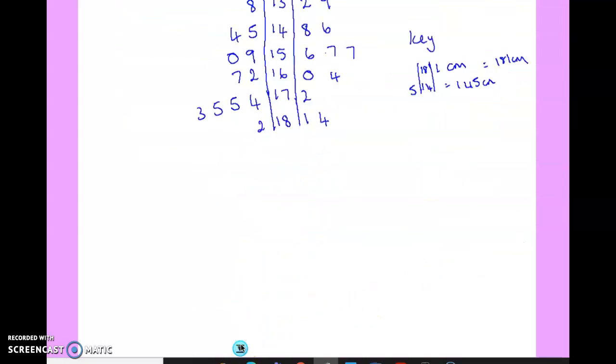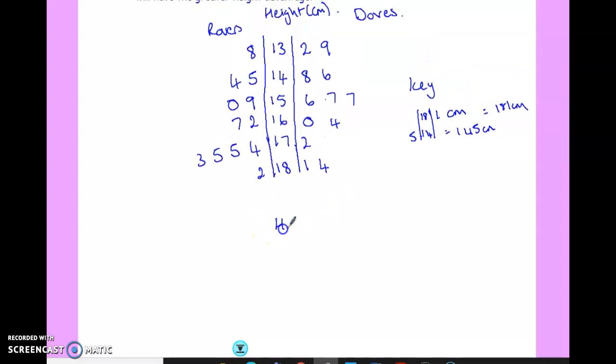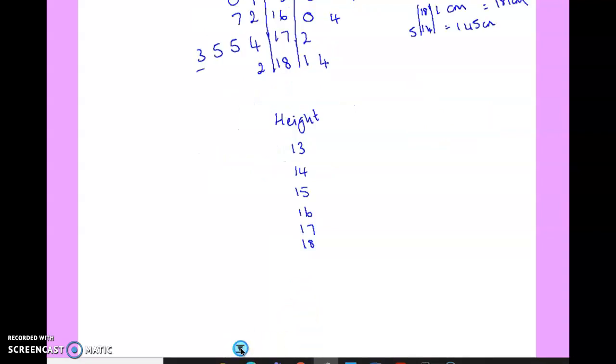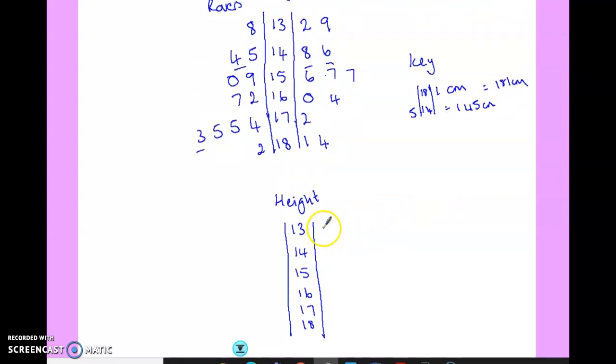Now there's not many actually out of order here. Let's see if I can write this a wee bit neater now as well. So most of them are okay, but I need to switch these two around, and this one and this one need to be switched as well. So 13, 14, 15, 16, 17, 18. That one's fine, that's just a 2 and a 9. This one needs to switch.